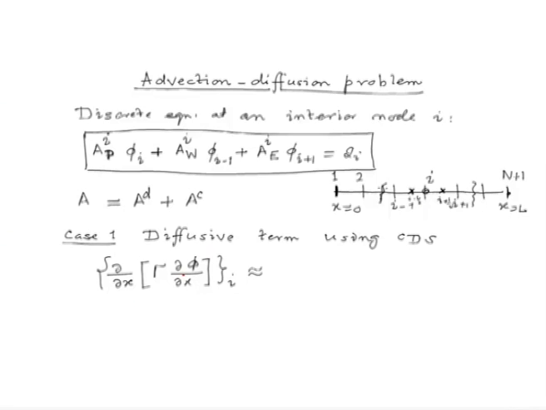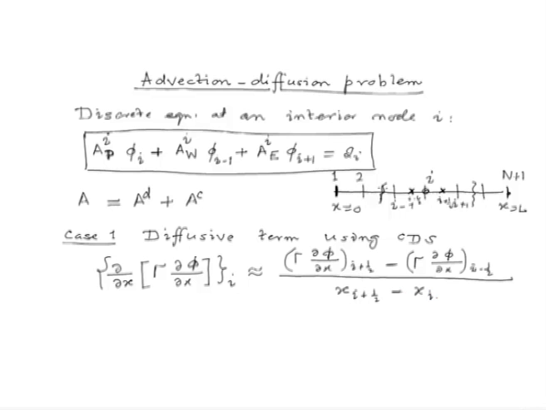In terms of these values, the outer derivative can be approximated as gamma times del phi by del x at I plus half minus gamma times del phi by del x at I minus half, divided by x of I plus half minus x I minus half.